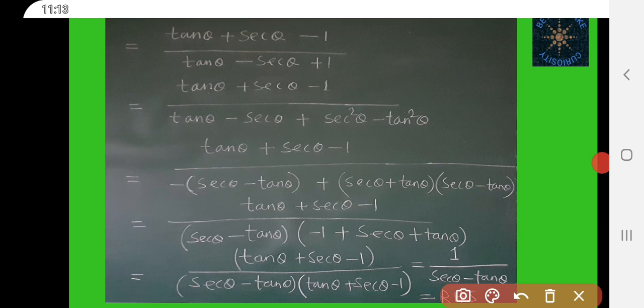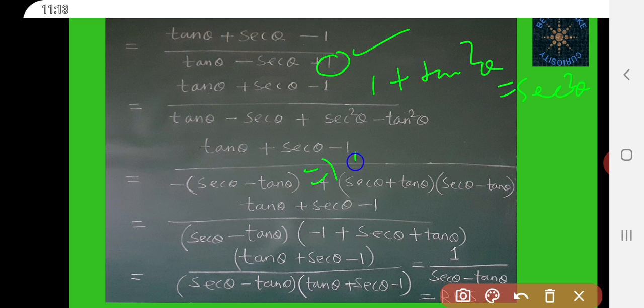Next, this is what we got. Now, in the place of 1, you can use the formula 1 plus tan square theta is equal to sec square theta.